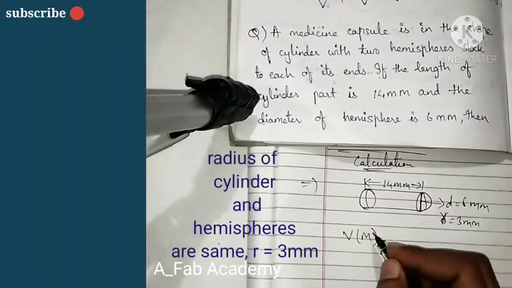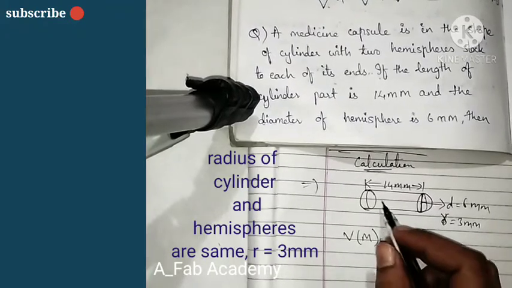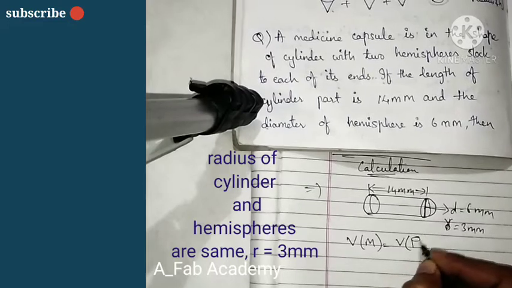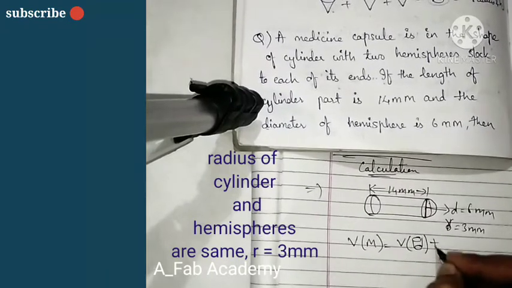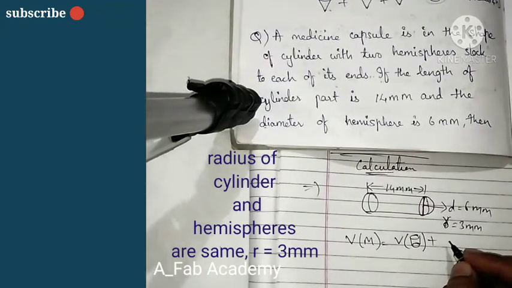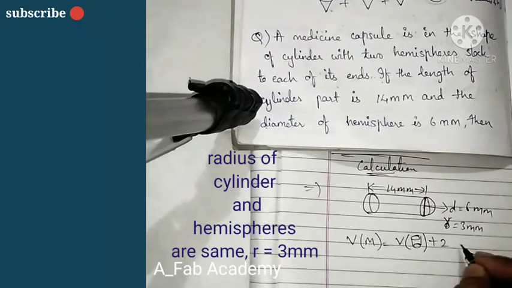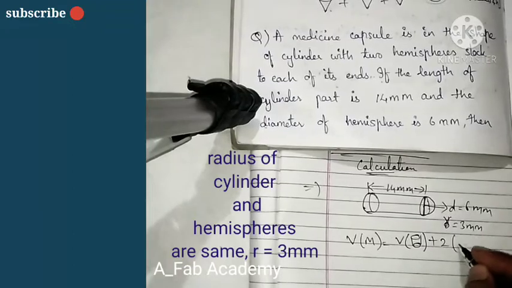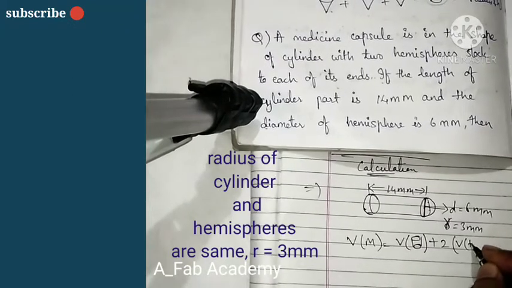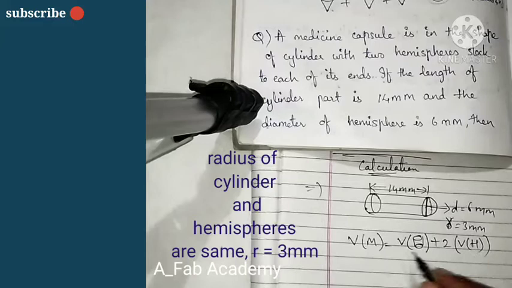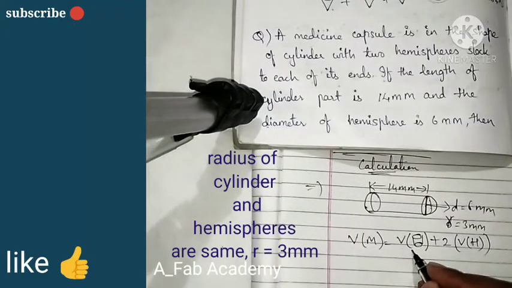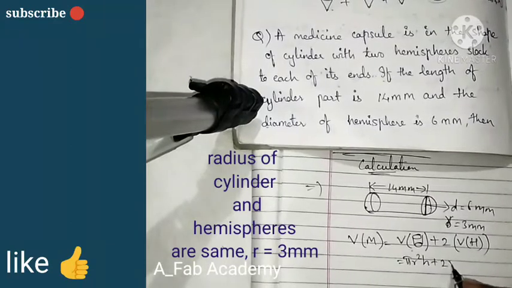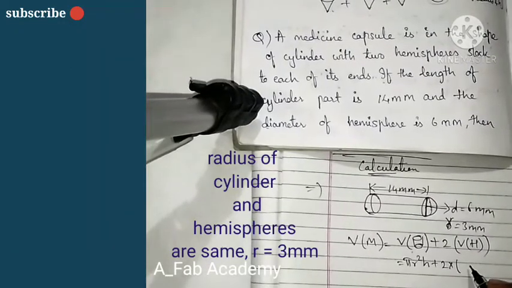If you want to find the volume of medicine, you have to find the volume of cylinder plus the volume of two hemispheres. The volume of cylinder formula is pi r square h, and into 2 you have to find the volume of hemisphere.